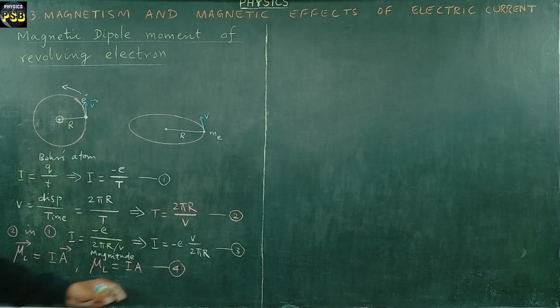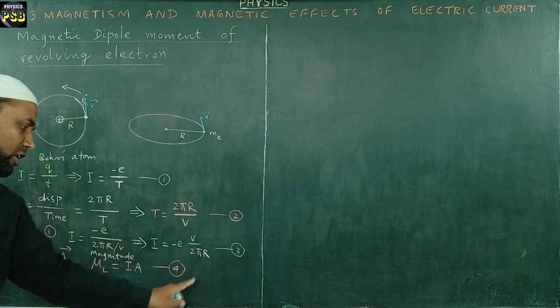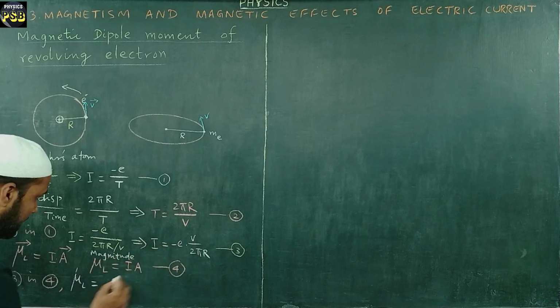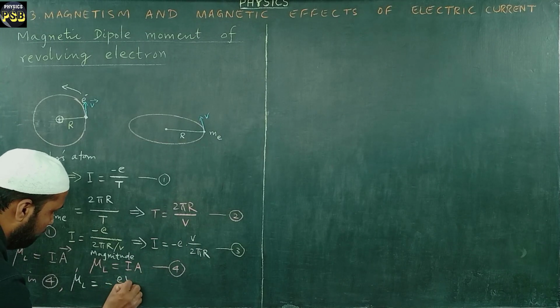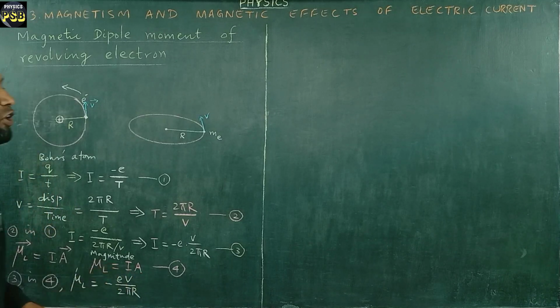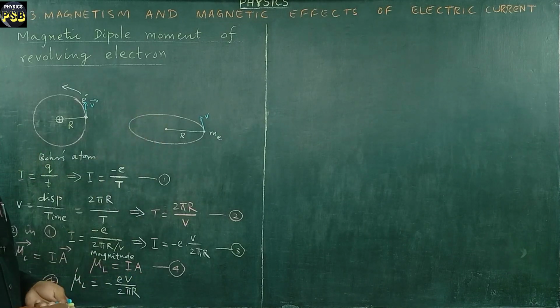I substitute equation 3 in 4. So what will I get if I do so? Here mu L becomes equal to, the value of I is minus e v upon 2 pi r, and A is the area of the circular loop in which electrons move.